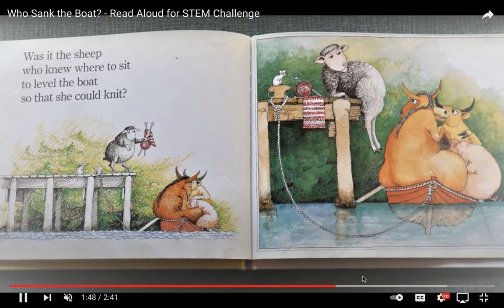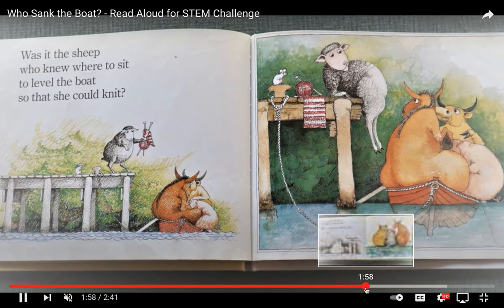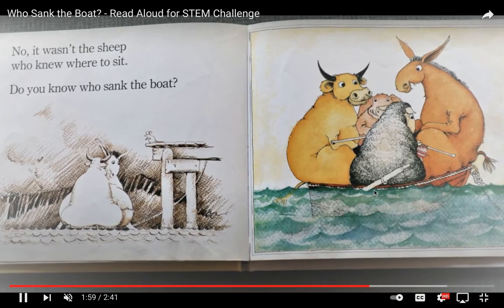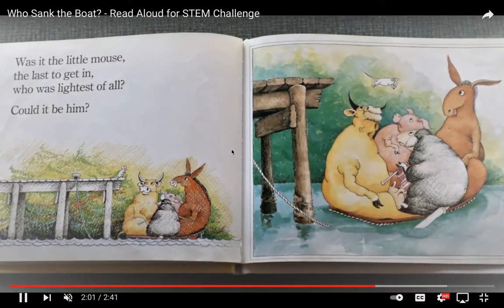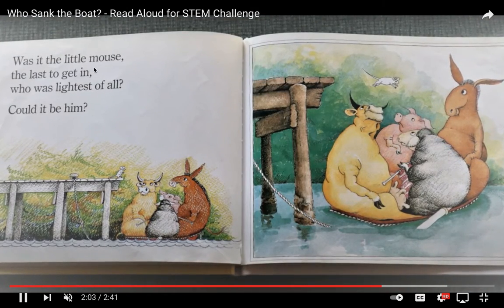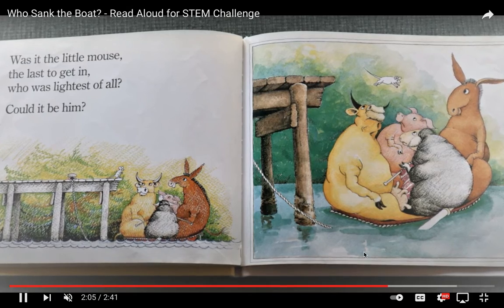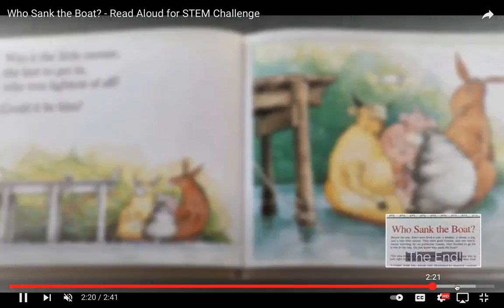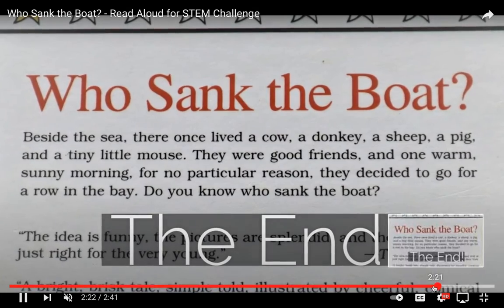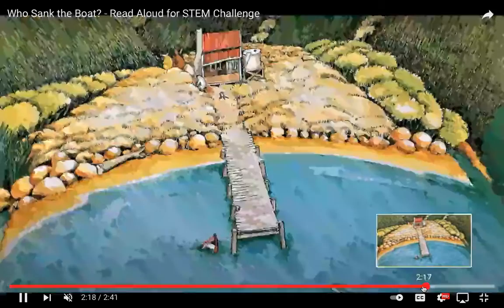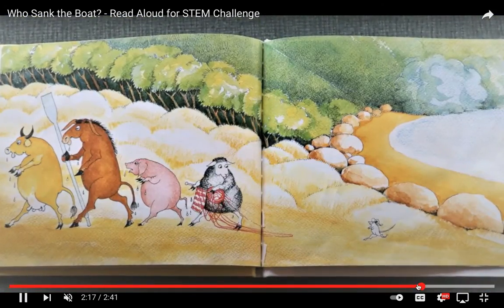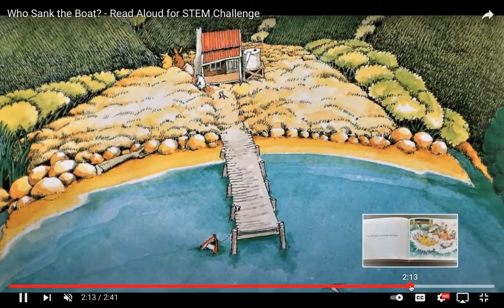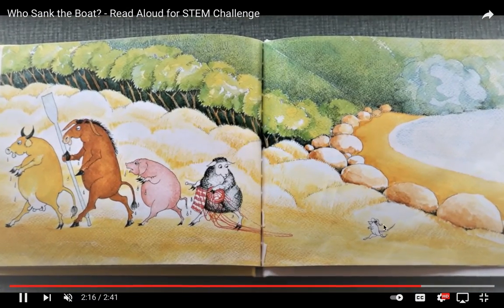I would go through and review with them the different items that we have in our classroom. I'll go back and show you that in just a second. So after we read the story and get to the end, we'll see that out of all of them, the mouse got in and the mouse sank the boat.